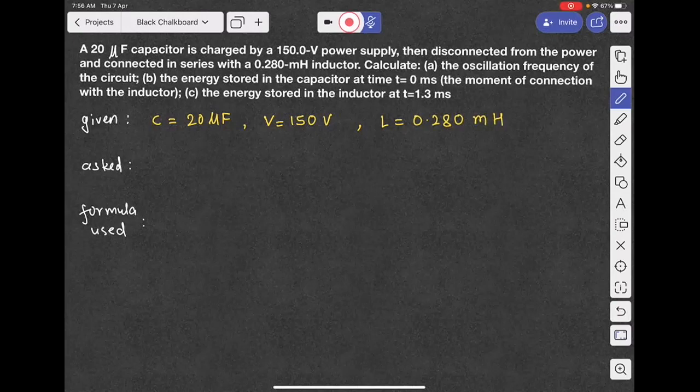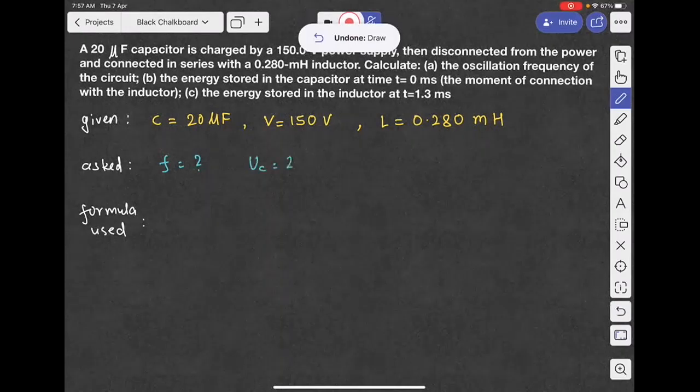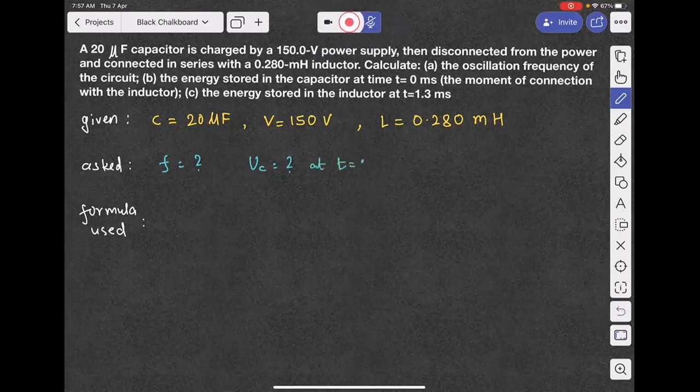Calculate A, the oscillation frequency of the circuit. So we are asked to calculate f. Then B part, we are asked to calculate energy stored in the capacitor. UC is asked, at t equal to 0.